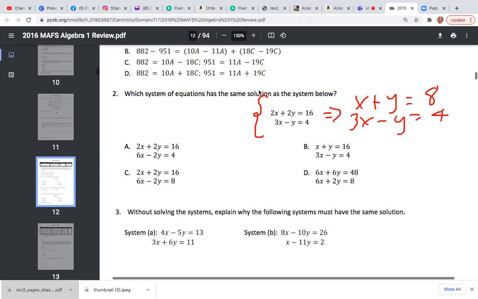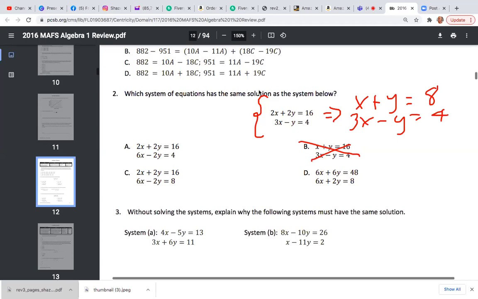Now, I do this because just by doing that, I can look at letter B and say letter B cannot be the answer. Why? Because they want to know which system of equations has the same solution as the one below. In order for them to have the same solution, the equations must be the same. Letter B is not exactly the same, so get rid of that one.